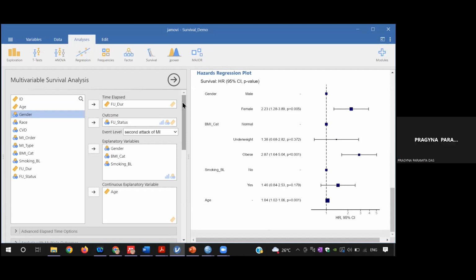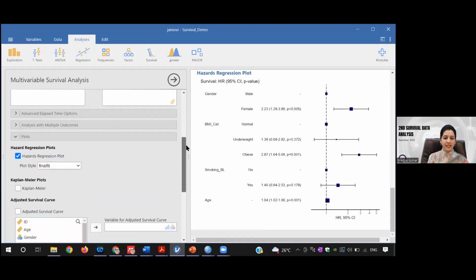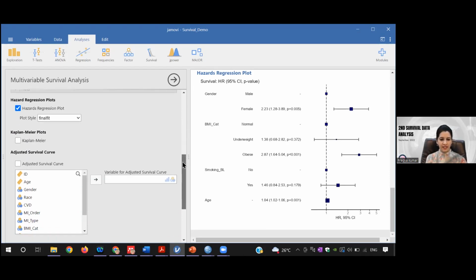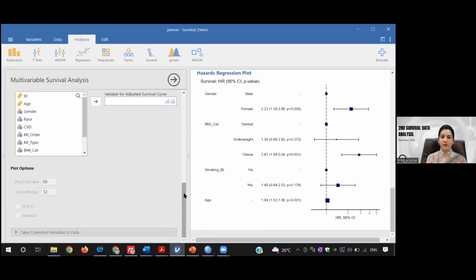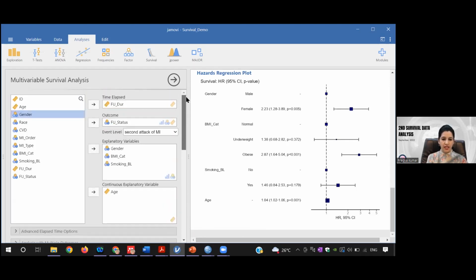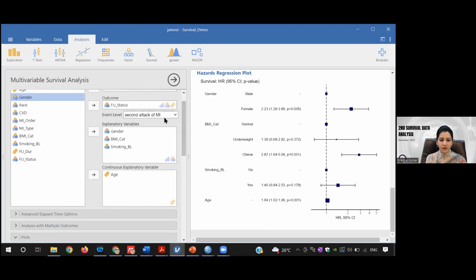Ma'am, how to change the reference in JAMOVI? In the logistic regression there was the option, but in this case you cannot change the reference. If you want to change the reference, you need to change the code. There was an option in ordinal and multinomial, if you can recall, but we could not find the option to change the reference category here.